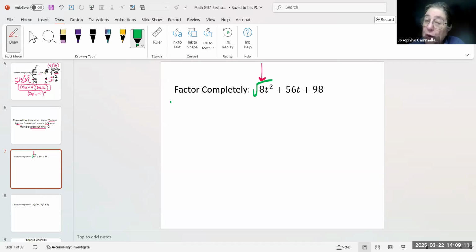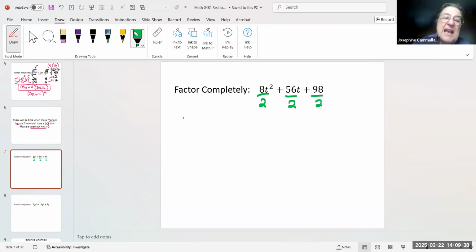So therefore, we got to take a look. Is there a number that I can divide 8, 56, and 98 by to make life a little easier? Well, let's divide each one of these numbers by 2.